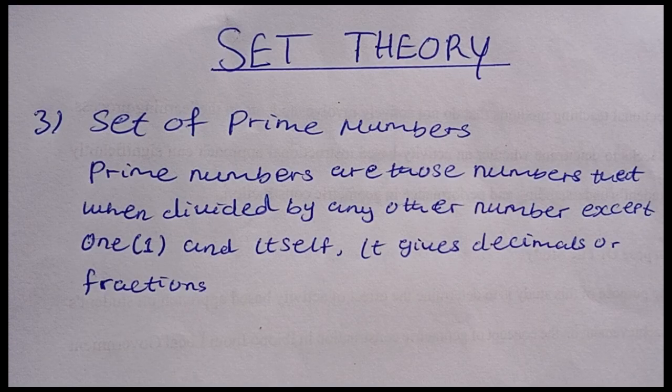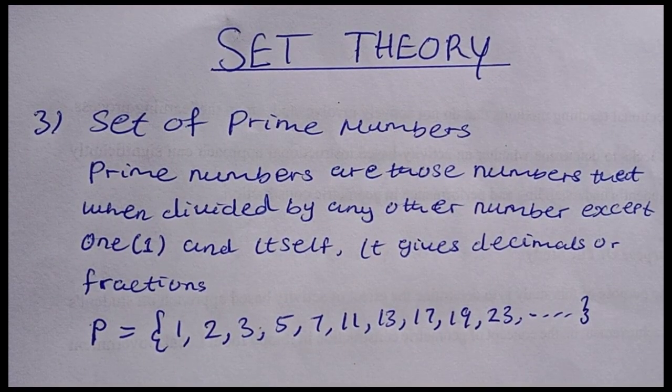Number 3, we have the set of prime numbers. Prime numbers are those numbers that when divided by any other number except 1 and itself, it gives decimals or fractions. Example of prime numbers are: we have 1, 2, 3, 5, 7, 11, 13, 17, 19, 23, and so on.